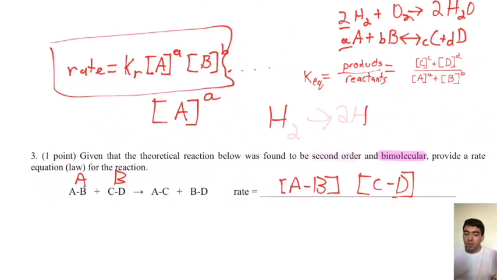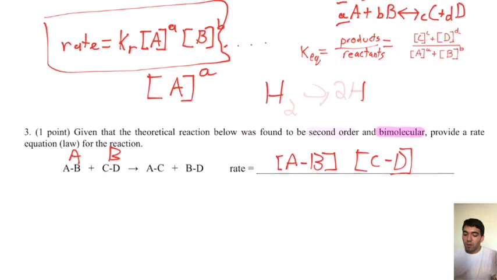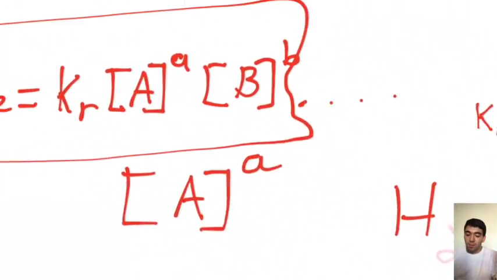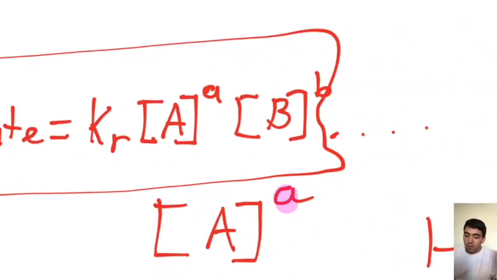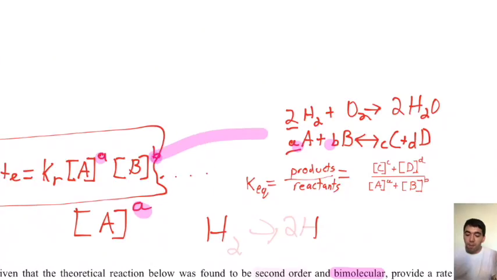We don't know the coefficients, but we do know that our reaction is second order. Second order has to do with these exponents, the things that we are raised to in the equation. So you see the lowercase a's give us the rate laws, and they're the same thing as the coefficients over here, as we just said.